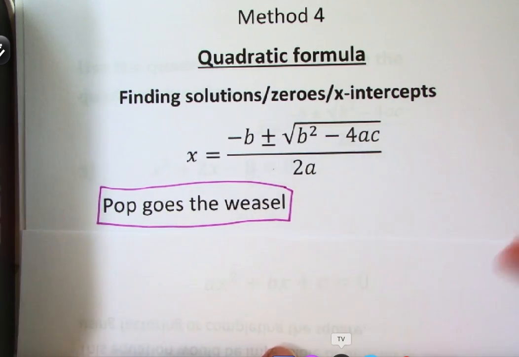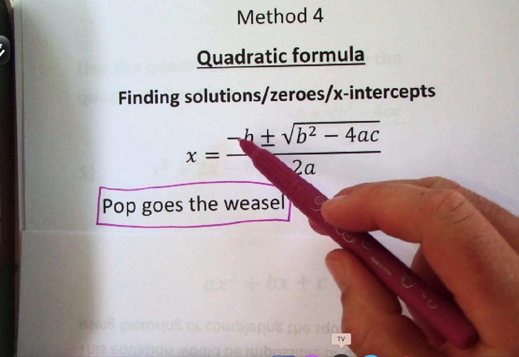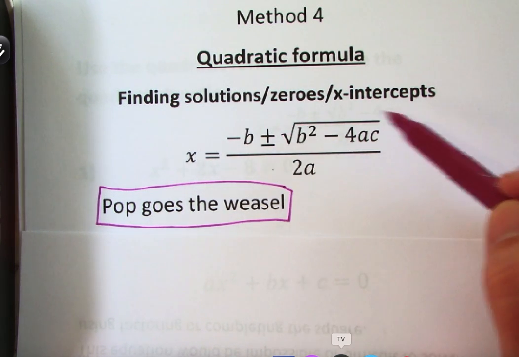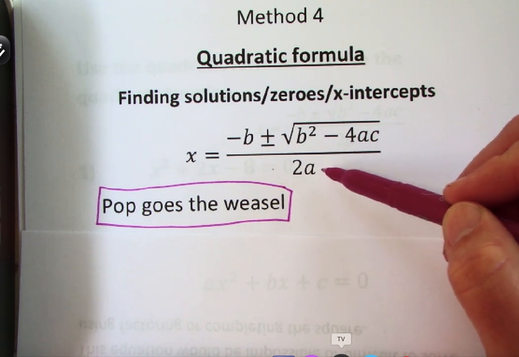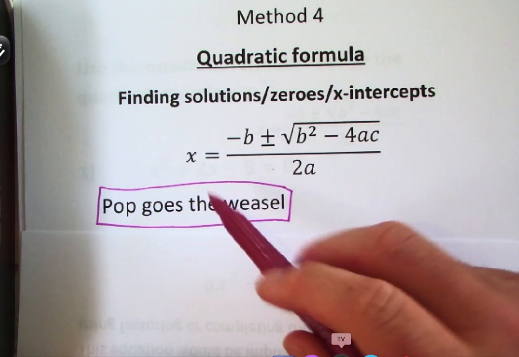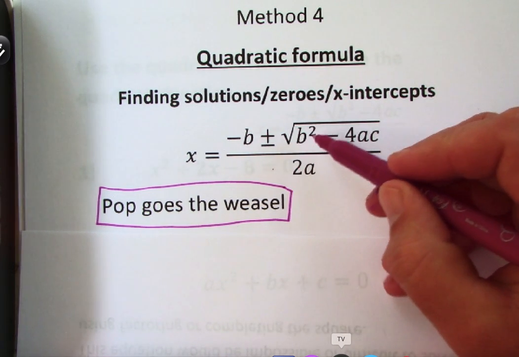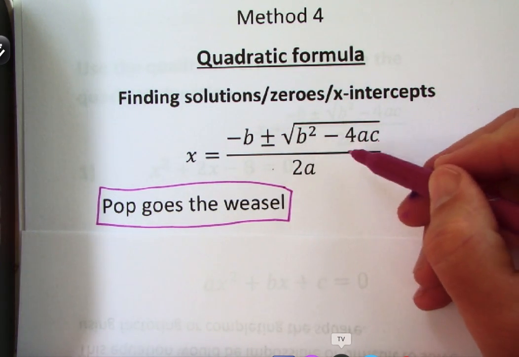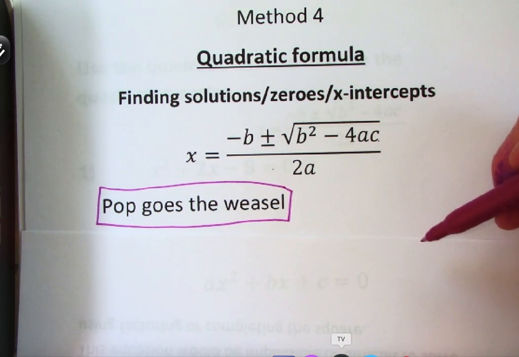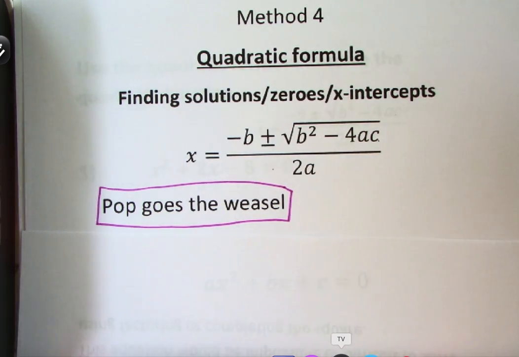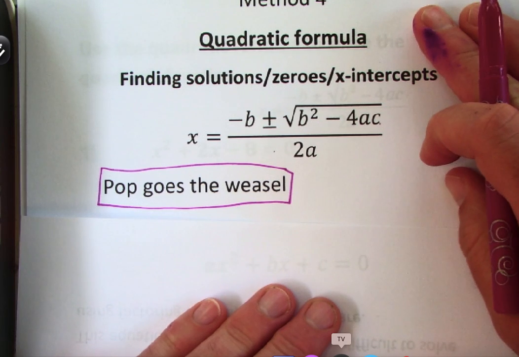So here it goes: x equals negative b plus or minus the square root of b squared minus 4ac all over 2a. I'll sing it to you again. X equals negative b plus or minus the square root of b squared minus 4ac all divided by 2a. All right, cool. I'm kidding. It's just a fun way to remember, if you're looking to memorize it.